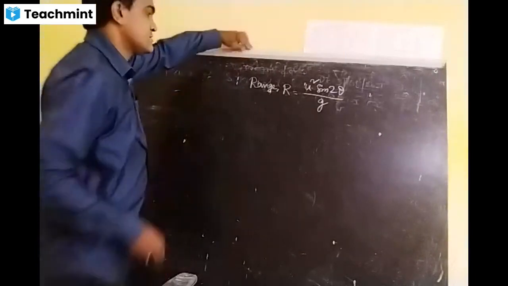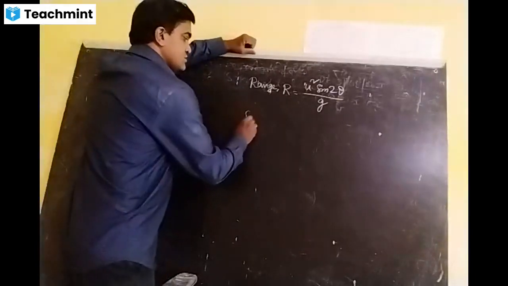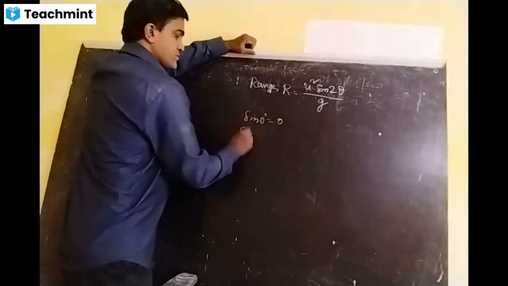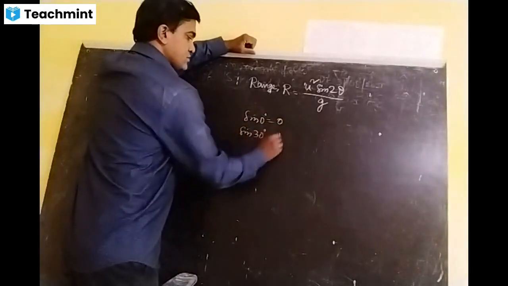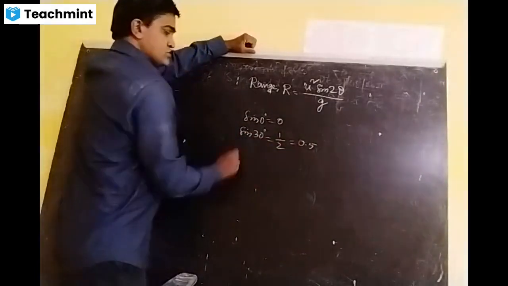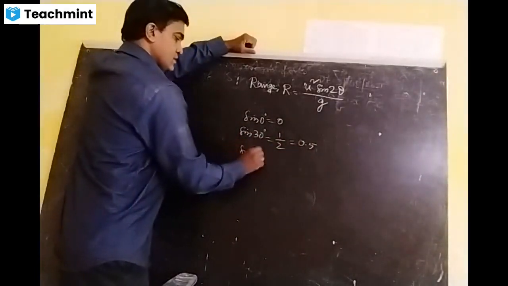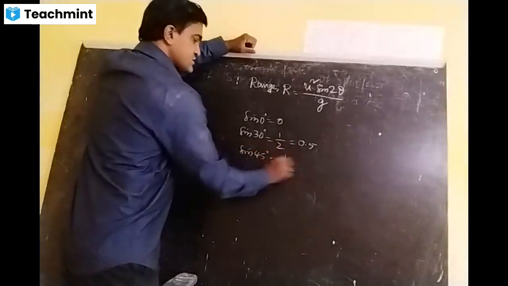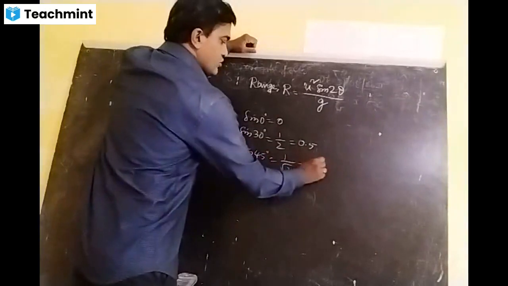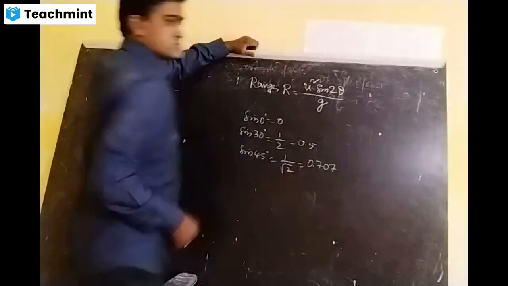Because sine 0 is 0. Sine 30 is 0.5. Sine 45 degrees is equal to 1 by root 2, which is 0.707.